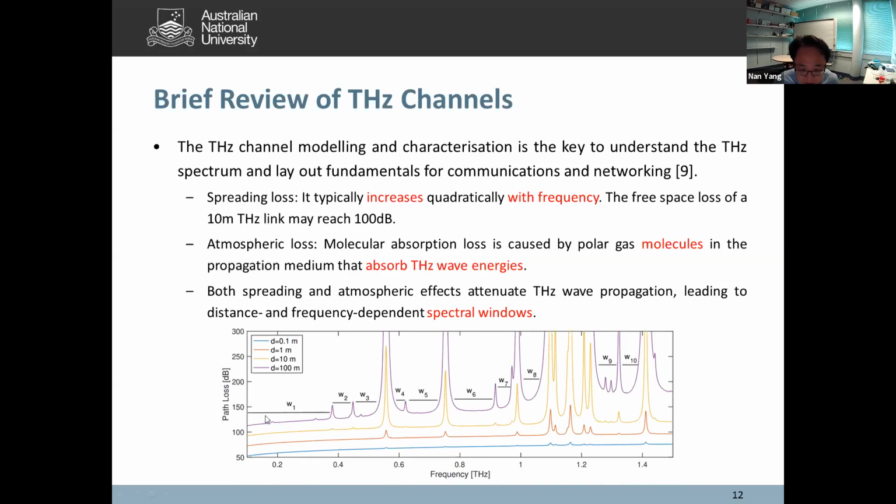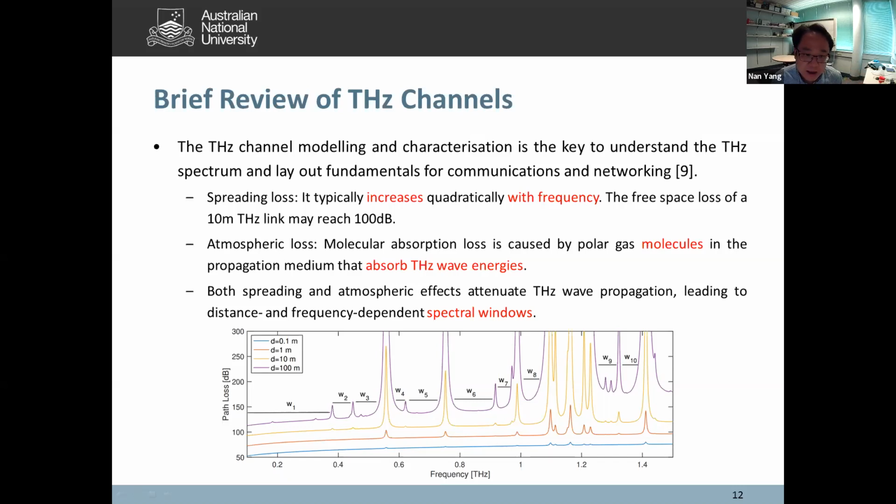We also plot the path loss for different distances, like 0.1 meter, where the path loss is relatively low, which makes sense, right? And then we also plot the distances of 1 meter, 10 meters, and 100 meters.